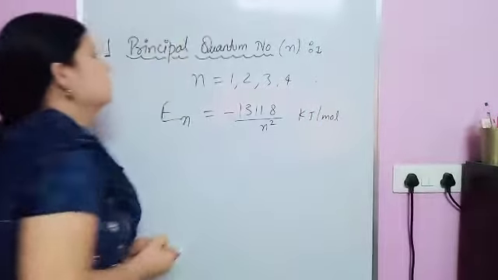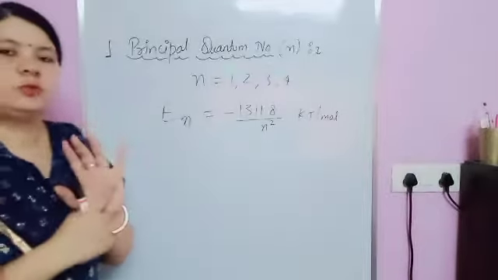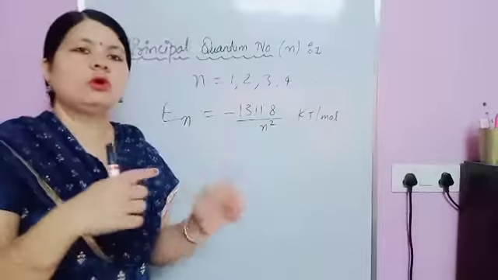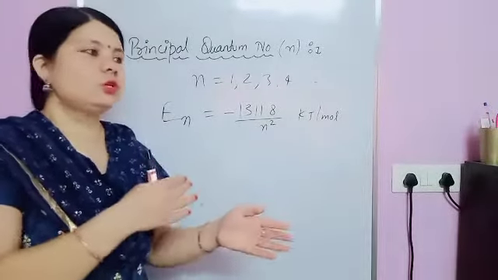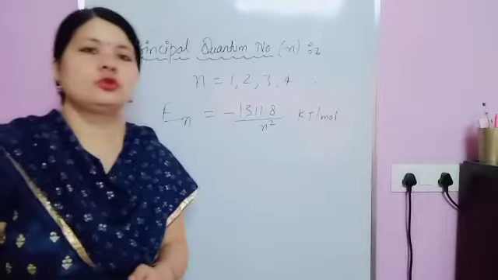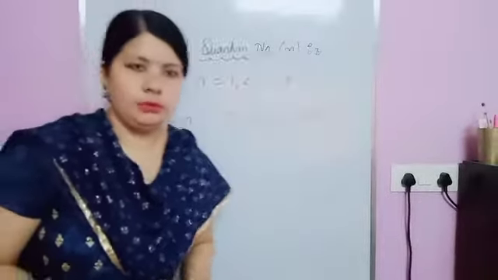Okay, this one is regarding your principal quantum number. So first thing is it explains the shell, that electron belongs to which shell. Second thing is average distance of electron from the nucleus, and third thing is energy of the electron. That was explained by principal quantum number.